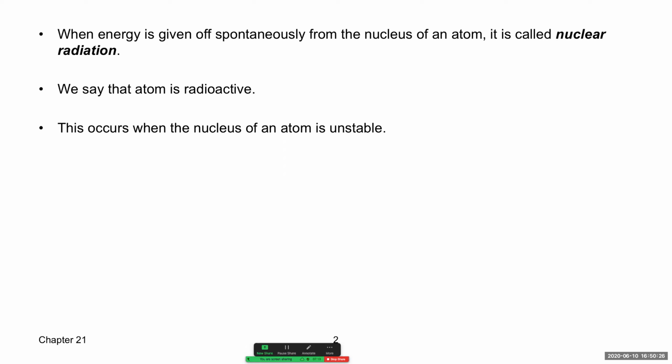I think everybody's heard of uranium, and uranium's a naturally occurring radioactive element. Uranium eventually turns into lead, which is a stable isotope. We learned about isotopes previously in Chem 2A.